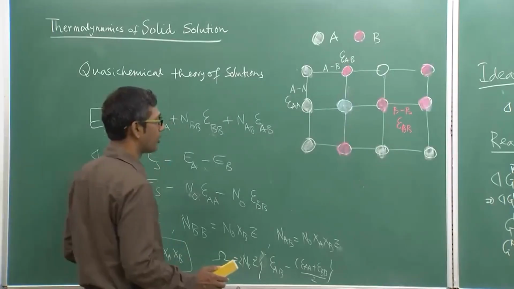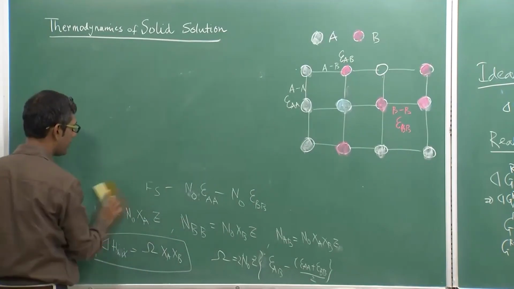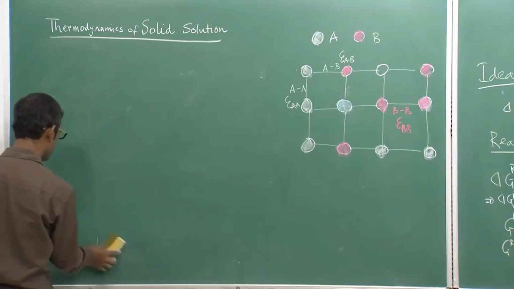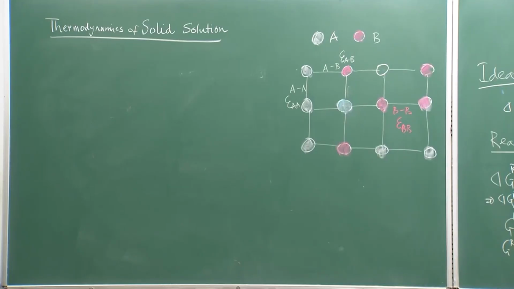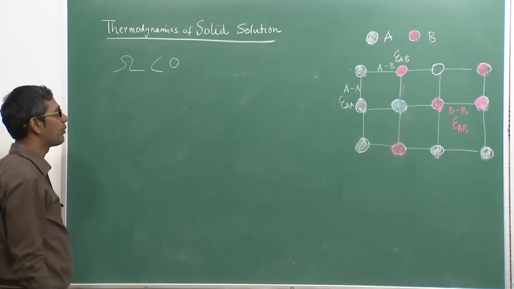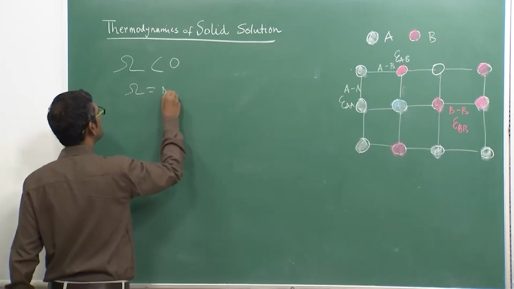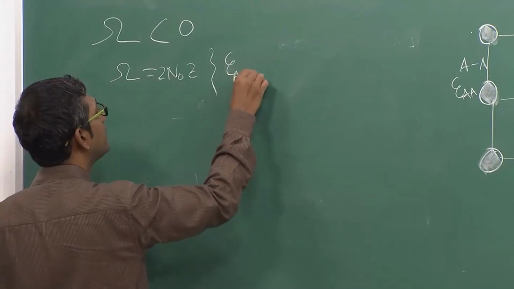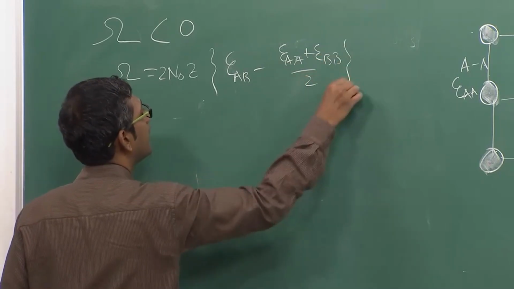So for that we need to plot the data, and obviously we cannot change all the parameters together when we plot the data. What I am going to tell you, I will discuss in this lecture the case where omega is less than or equal to 0. Remember, if omega is less than or equal to 0, what happens? Omega is a strong function of N0 Z multiplied by the bond energy of AB minus the average of the bond energies of AA plus BB by 2, and that we assume is less than 0.